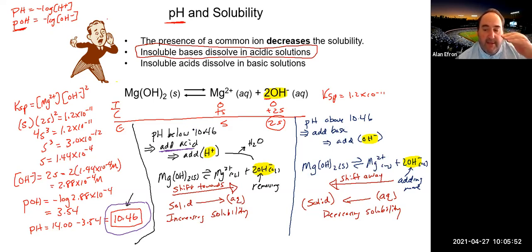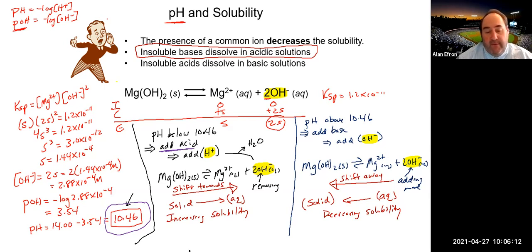So again, in this case, 10.46 is our baseline. Even if we brought it down to a pH of 8, you would see a very big increase in the solubility of that salt. Even though it's technically still basic, it's much more acidic than it would be in its normal situation.